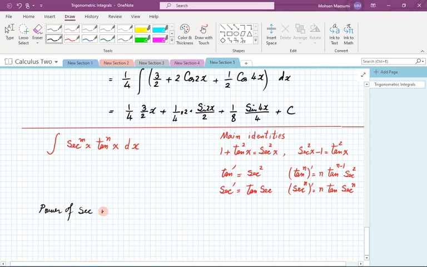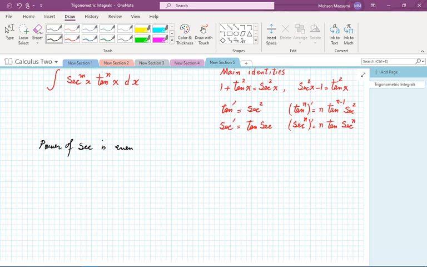What is that going to do for us? Let's take an example. Suppose I have secant to the power of 6 of x, and then tangent to the power of, say, 8 of x dx.